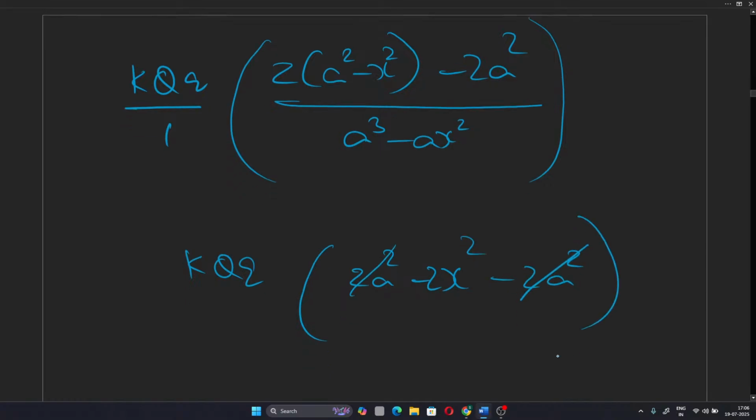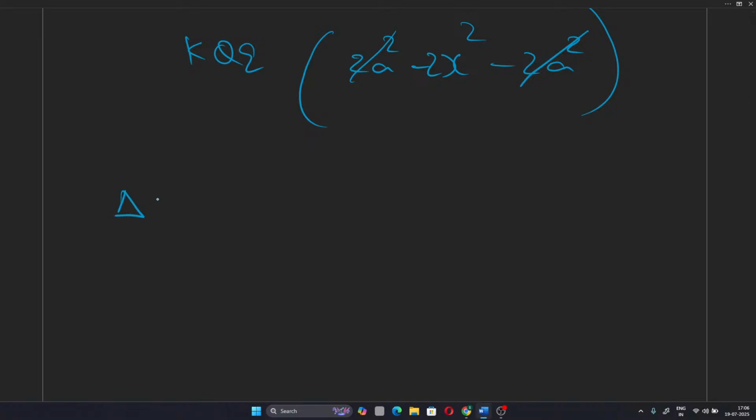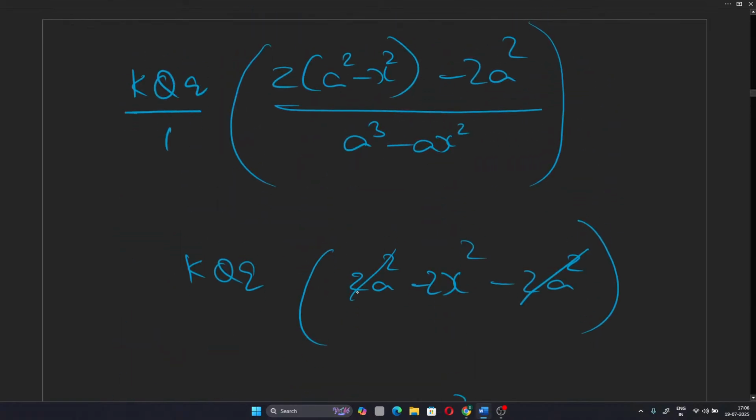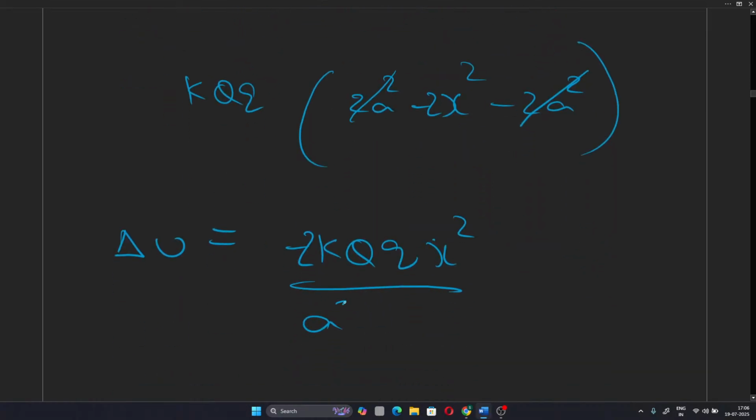A square get cancelled. The total change in potential energy will be minus kqq x square by a cube minus ax square.